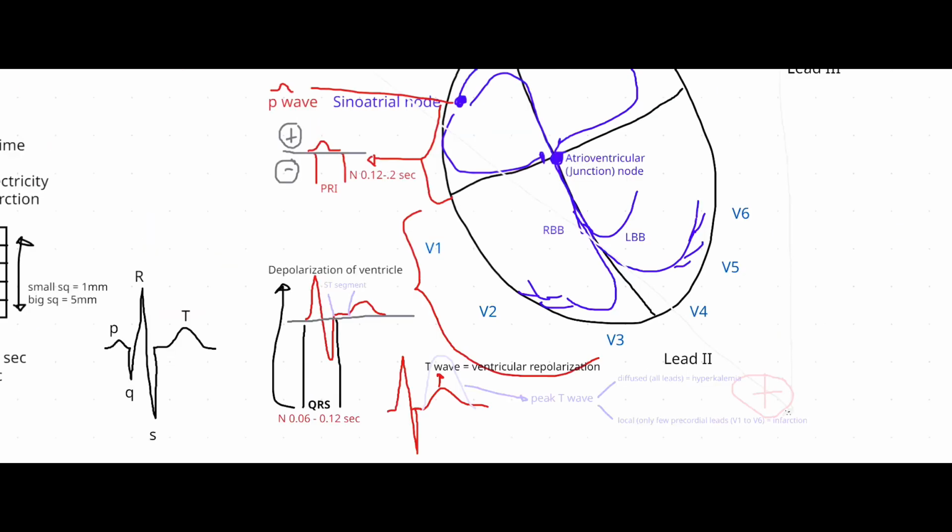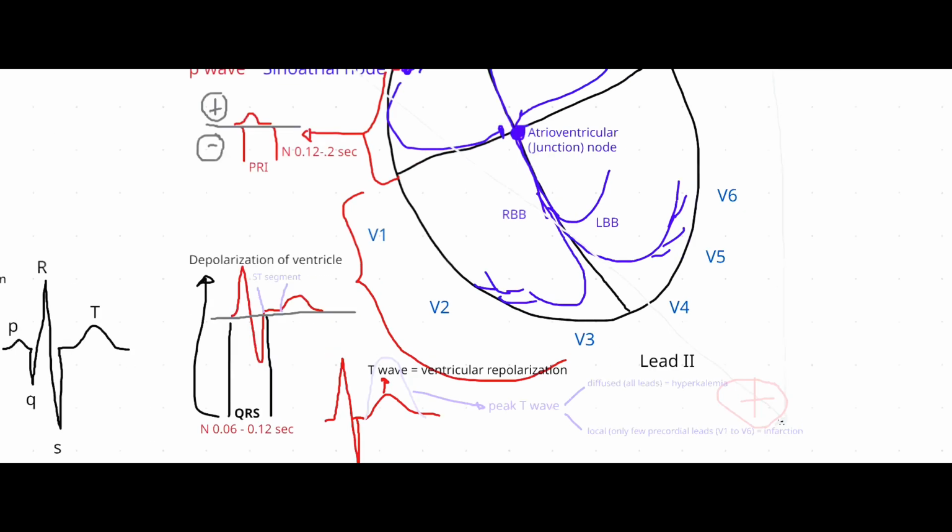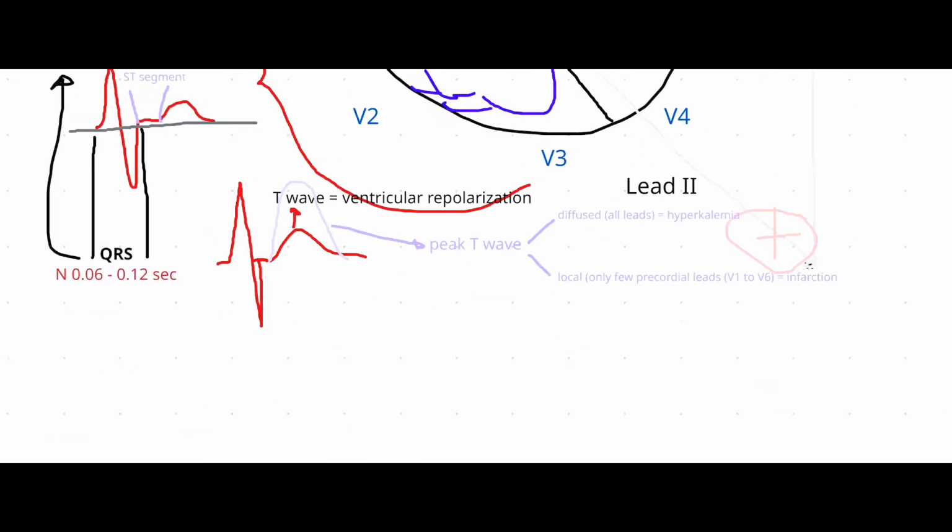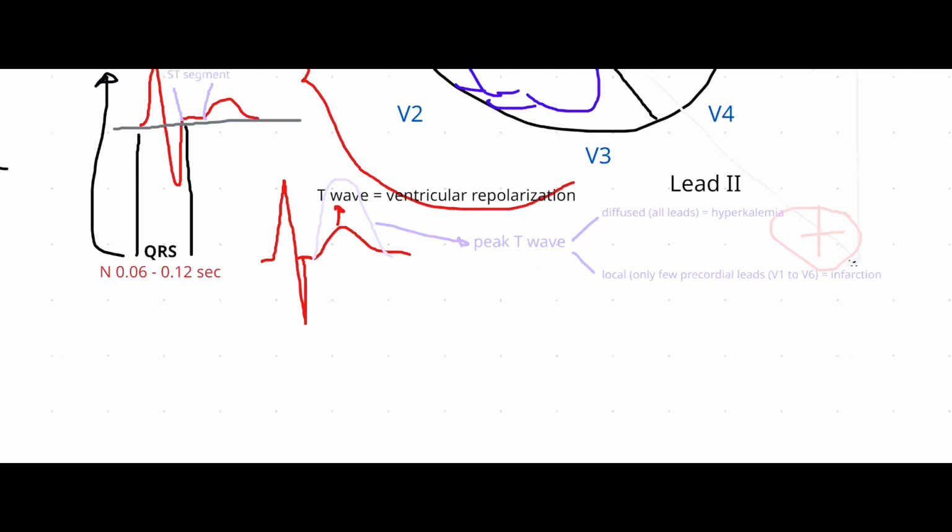Yeah. So now the opposite happens when the T wave is flat, right? So if it's flat or if it's inverted, okay, the same principle is applied. So if it's flat or inverted, then you also want to look at, is it local or is it diffuse, right?